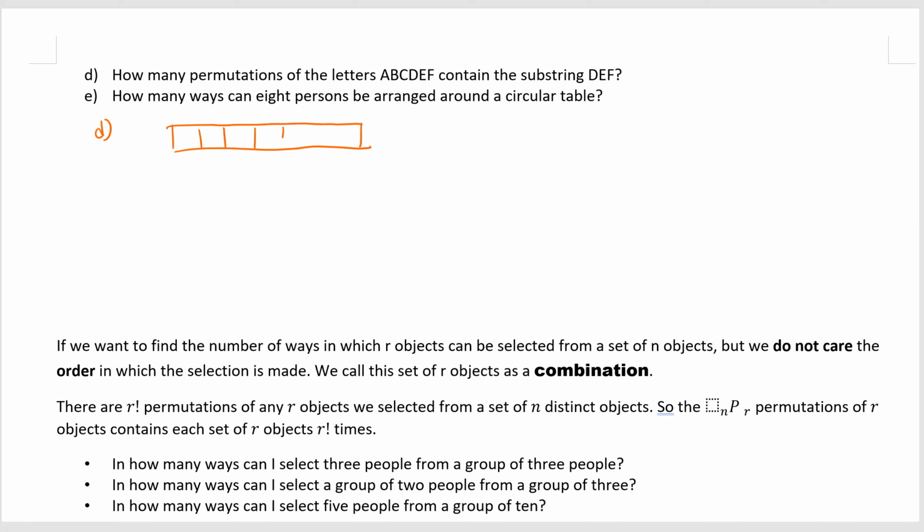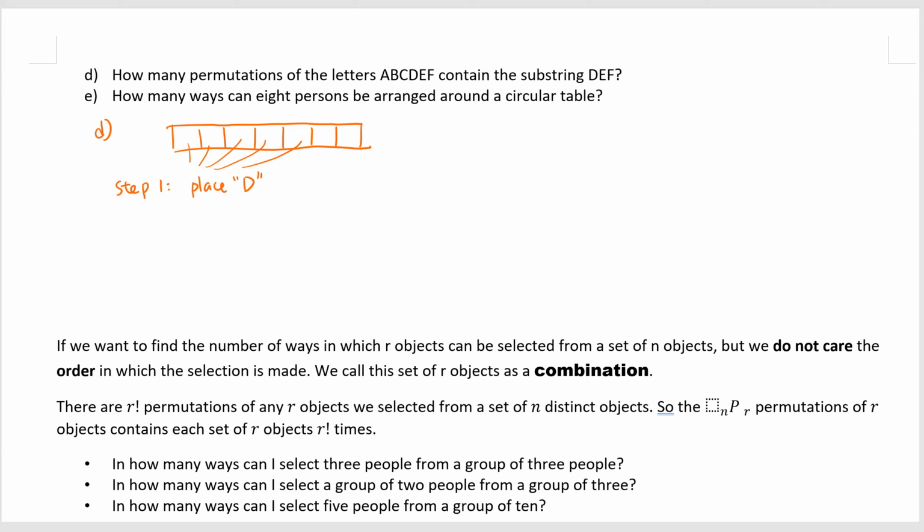First of all, we want to place the D. Let's separate this into steps. Step 1, place the D. Where can I place the D? Well, I can place it here, here, here. But can we also place it here? No, because you need to leave some space for the E and F.